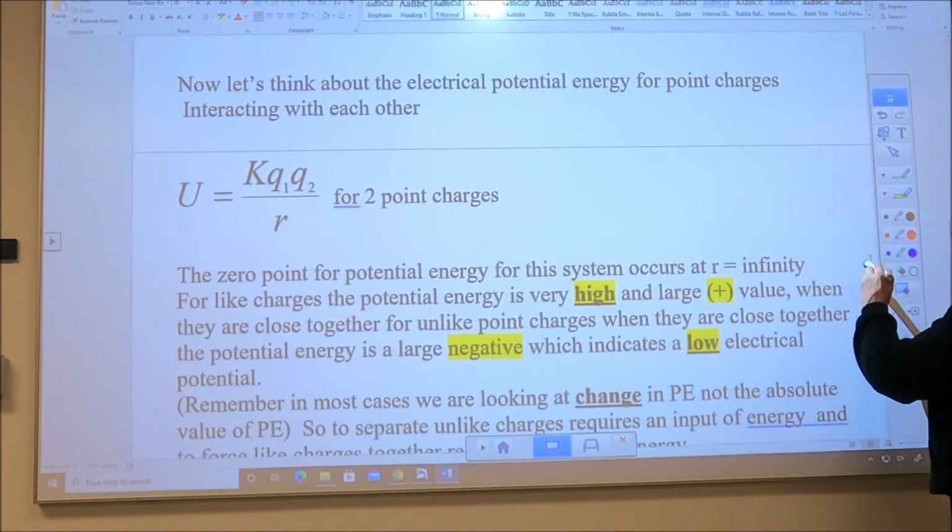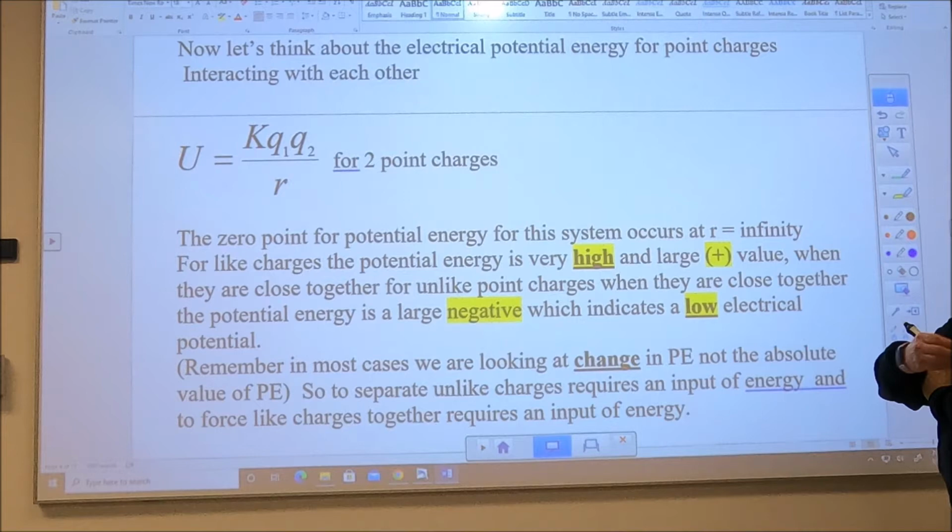Now, anytime I have 2 point charges, they each create an electric field and they interact with each other through an electric field. So there's got to be a potential energy associated with how they're positioned relative to each other.